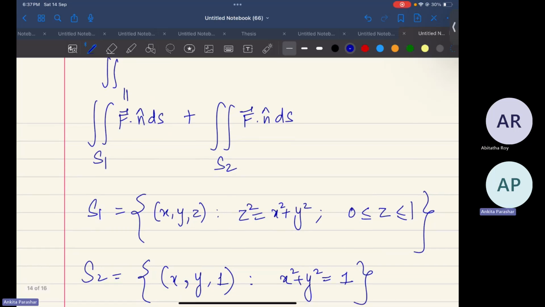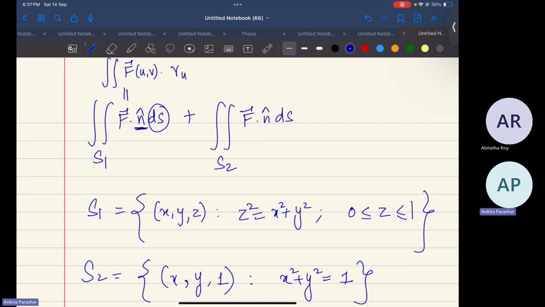You will simply write F of uv if you want to parameterize, because it's a circle. And n and dS, their denominator is going to cancel with the norm. So I will just simply write ru cross rv, dot product, times dudv.